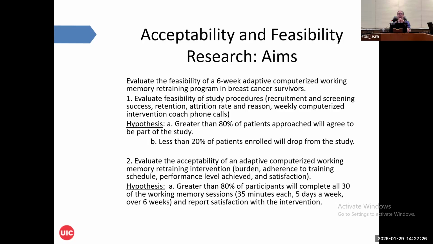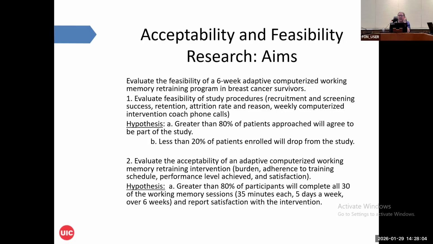Then we broke this out, because this gets to your question, we frame this as acceptability specifically with the intervention, or engagement is another word you can use. You can also look at fidelity, another word we have been talking about. But here we framed it as acceptability of the intervention itself.